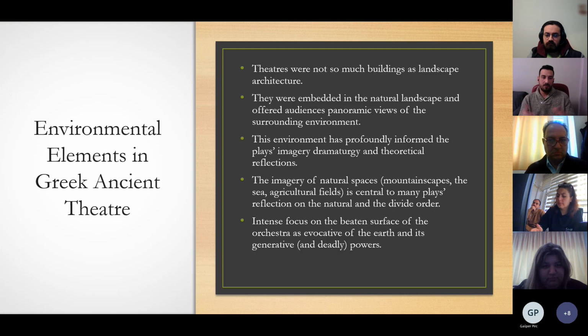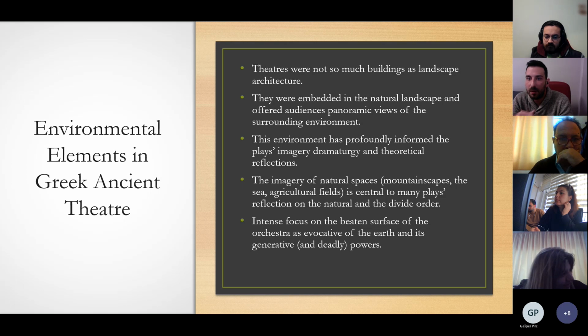So, what about the environmental elements in ancient Greek theater? Most of you will know that the performance spaces of 5th century Athenian drama were in many respects radically different from anything we may encounter in the modern era.